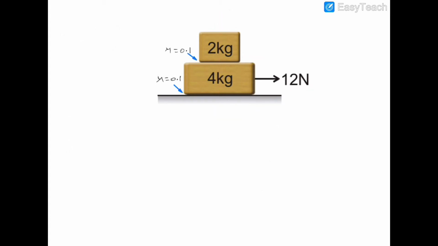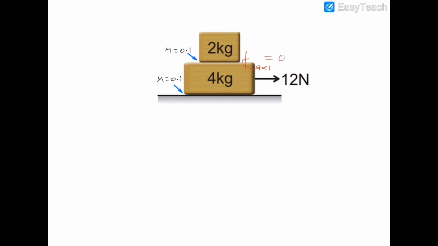In this question you can see that there is friction on both the surfaces, and according to our plan of solving the question, we should find the maximum possible values of both the frictions. So F max 1 on this surface will be equal to mu mg.